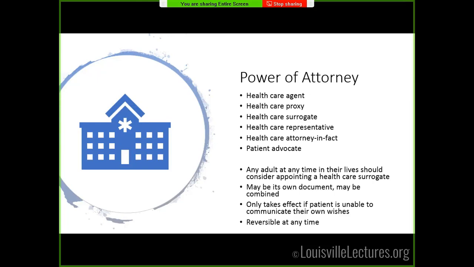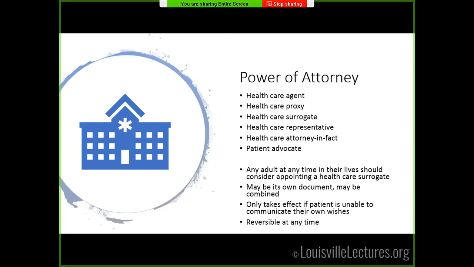Power of attorney is another type of advanced directive. The terminology around this can get very confusing as well. So sometimes we hear healthcare agent, healthcare proxy, healthcare surrogate, representative, attorney in fact, patient advocate. All of this terminology gets thrown around in different templates. Maybe someone found something online, or there's a local attorney that they've used to try and draft something like this.